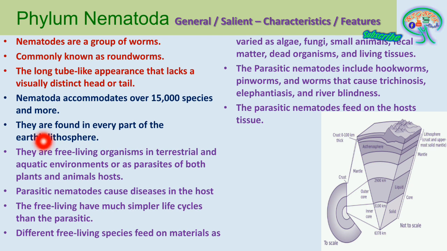Nematodes are a group of worms. Whatever worms you have come across in your life, they are the group of worms which come under the nematodes, commonly known as roundworms, with a long tube-like appearance that lacks a visually distinct head or tail.